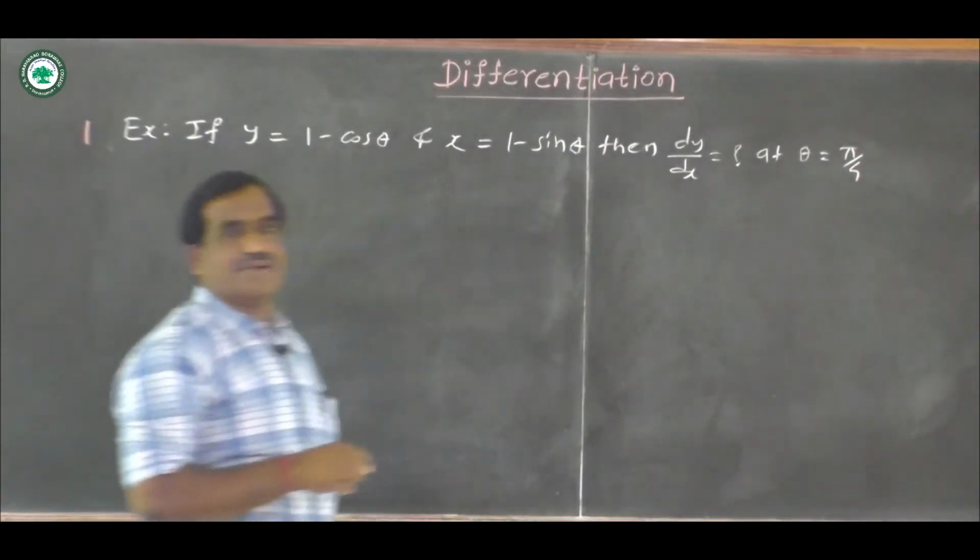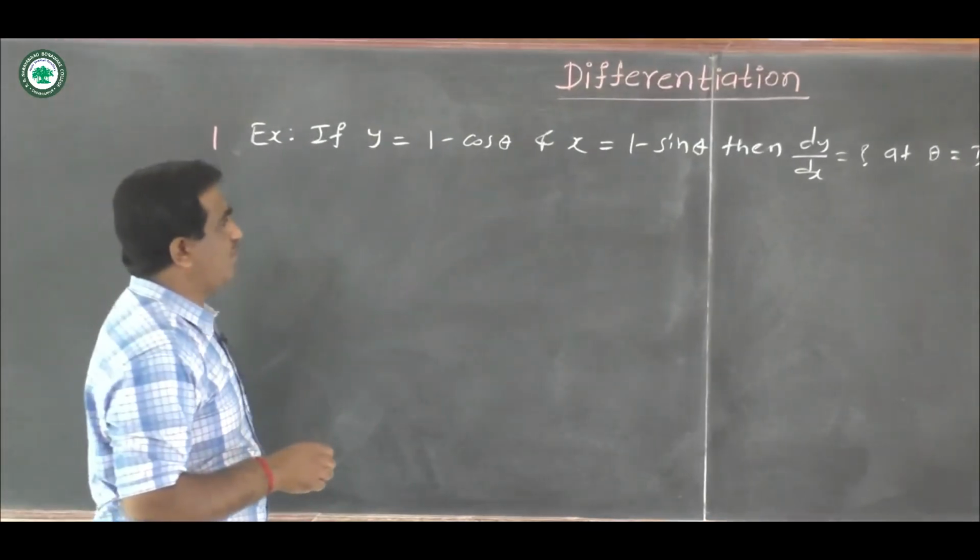We have to find dy by dx at theta equal to pi by 4.